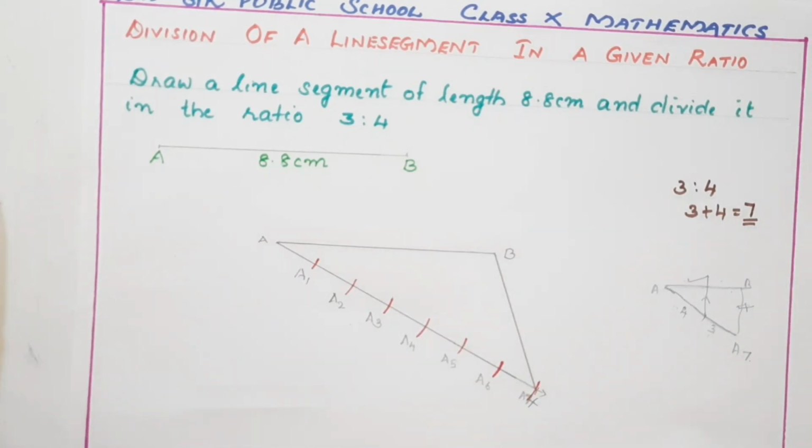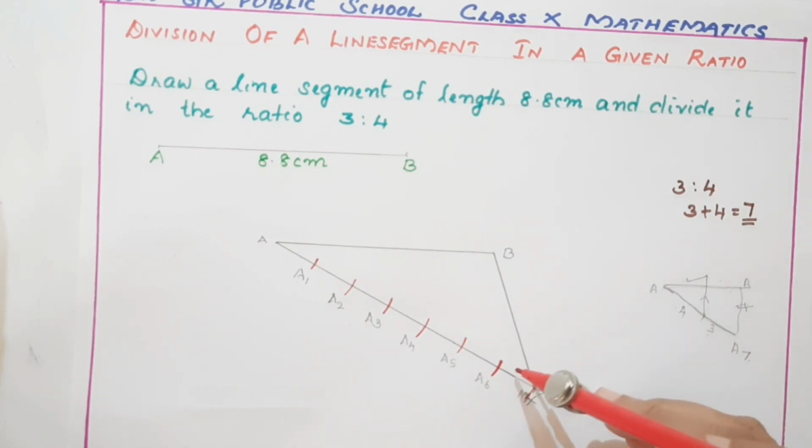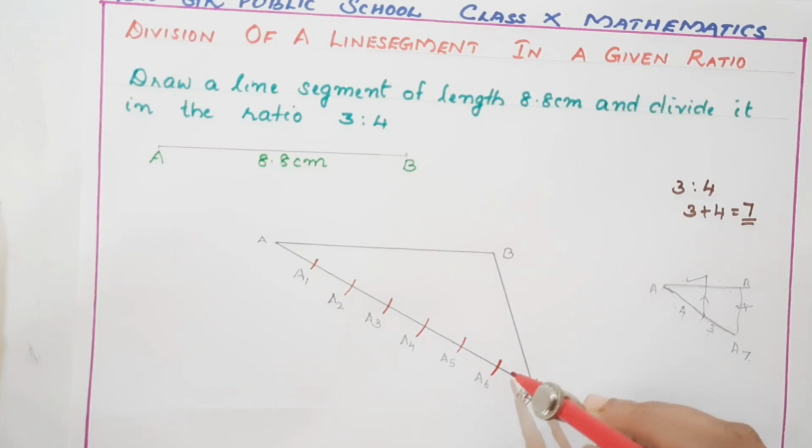So let's see, there are two methods to construct a parallel line at a point. One method is by using set square and scale, and another method is using compasses. So here we are using compass. For that, what you have to do is fix the compass at A7. Okay, fix the compass at A7.